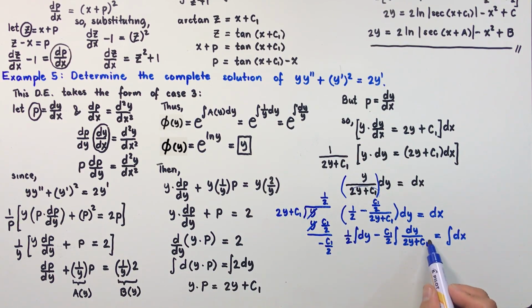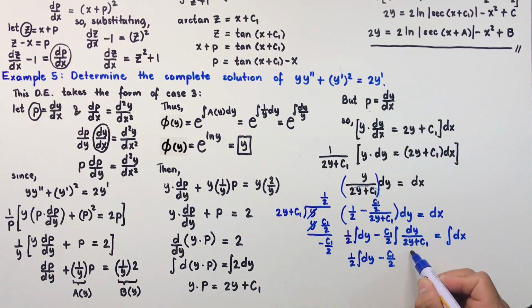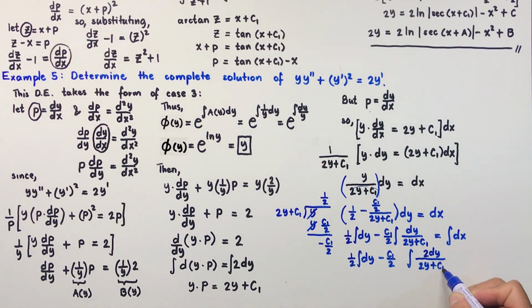And if you let this denominator be your u, the du is not only dy, but it is 2 dy. So we have 1/2 of the integral of dy minus c sub 1 over 2 times the integral of 2 dy over 2y plus c sub 1.